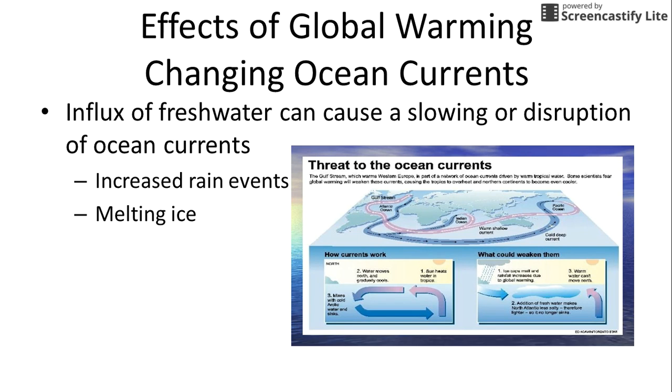And so again, that water won't fall and sink to the bottom and move towards the equator. And instead, right, it'll kind of be stagnant up in the Arctic, because that water is not as dense as it needs to be to sink and move. And so this melting ice from the polar ice caps, like I said, and also increased rain events from this climate change that we're experiencing.